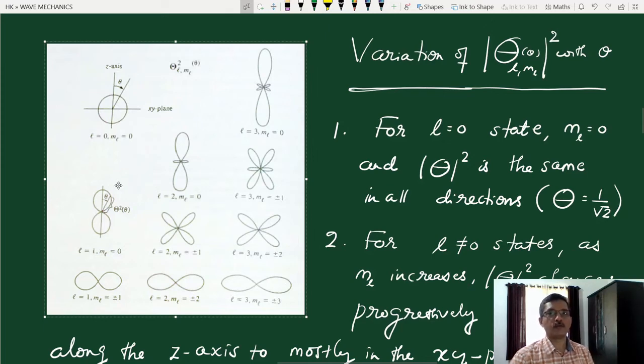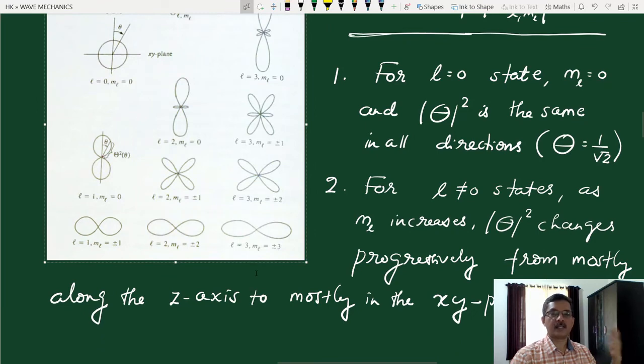For each non-zero value of L, as ML increases, the angular probability density mod theta square varies from mostly along the z-axis to mostly along the xy plane, from vertical to horizontal. If you come down in the figure, the probability density varies from vertical, mostly along the z-axis, to horizontal, mostly along the xy plane.